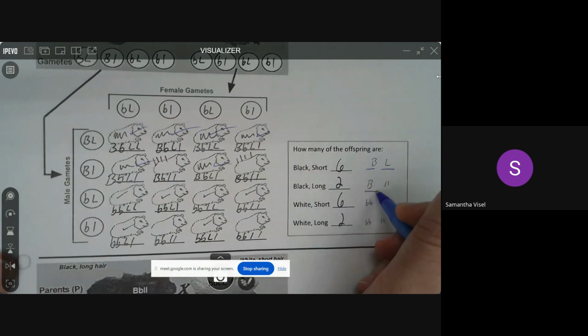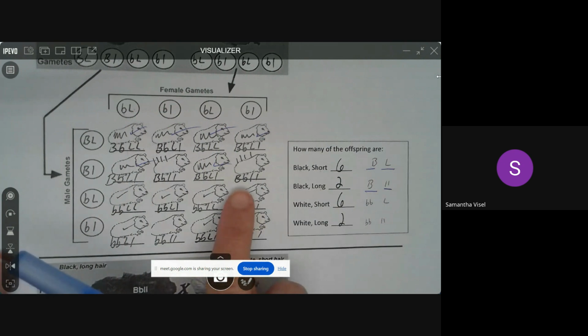Black is dominant, so uppercase B is what I'm looking for. Long is recessive, so I have to have two lowercase l's to have black and long fur. So this guinea pig here, for example, would be black with long fur because there's an uppercase B and then two lowercase l's for the long fur. So we only have 2 of those.